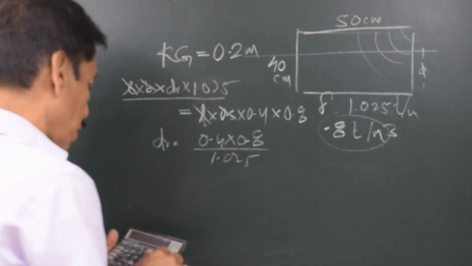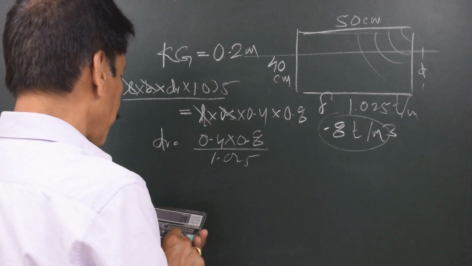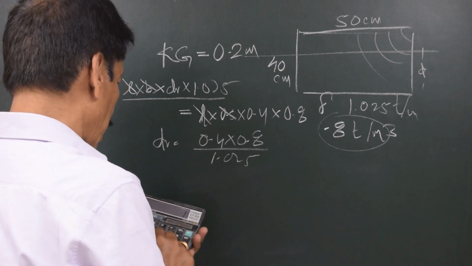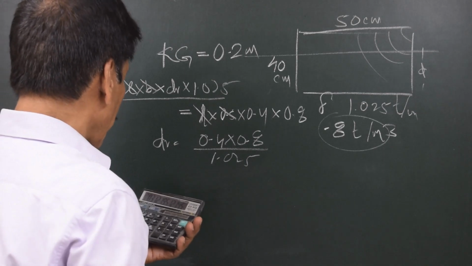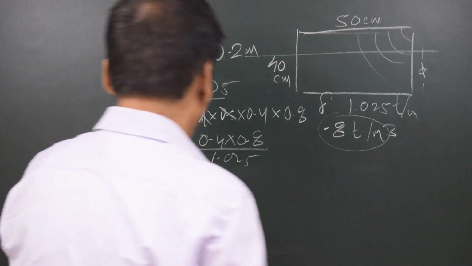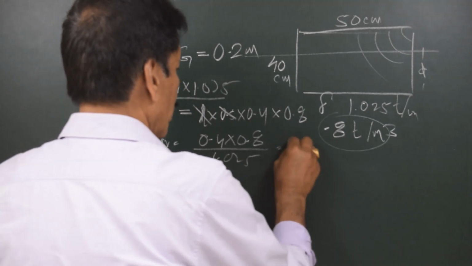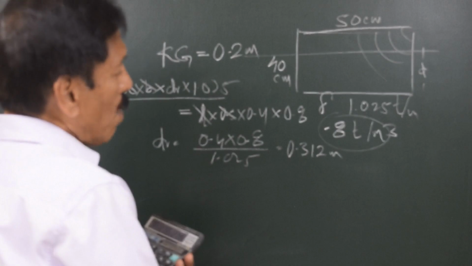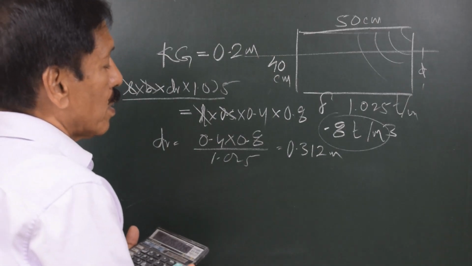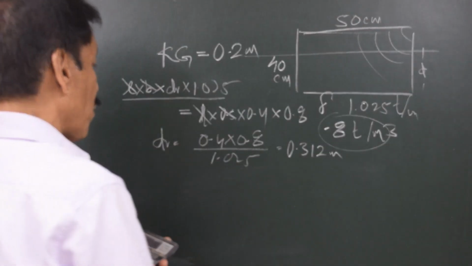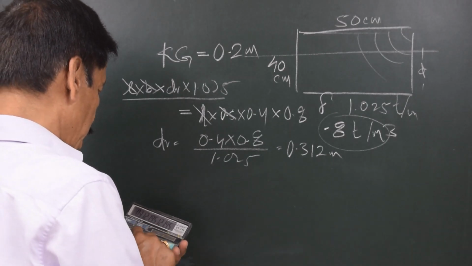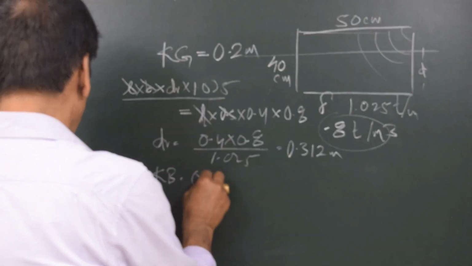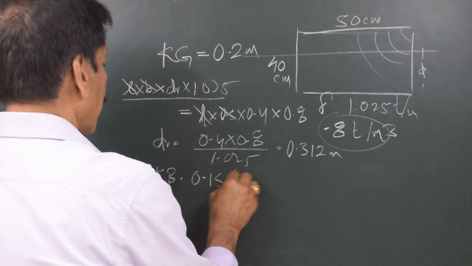Let us see what is the draft. 0.4 into 0.8 divided by 1.025 gives me the draft as 0.312 meters. Now if the draft is 0.312 meters, I would say the KB is half of the draft, that is divided by 2 gives me KB as 0.156 meters.